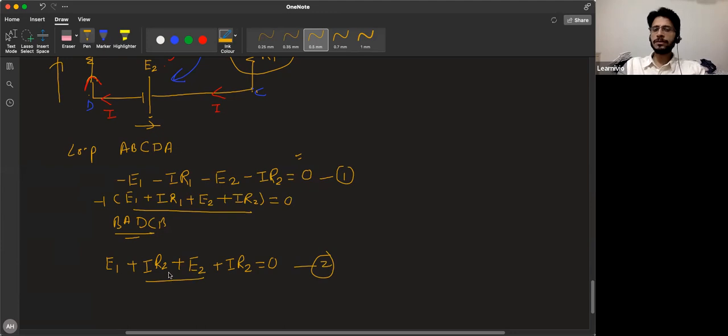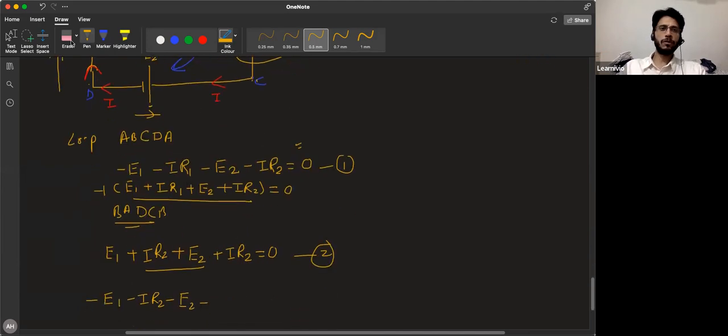Or you can multiply this equation with the minus sign. We can always multiply both the sides of the equation with the same thing. If I multiply this equation with the minus sign, then you will get minus E1 minus IR2 minus E2, sorry, it will be IR1, minus IR1 is equal to 0.